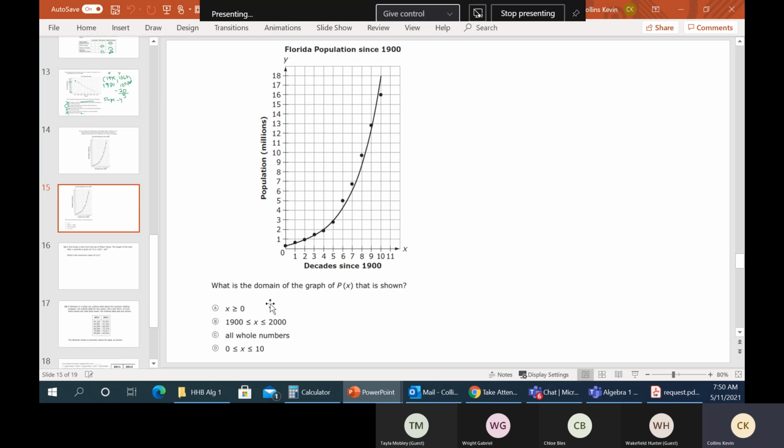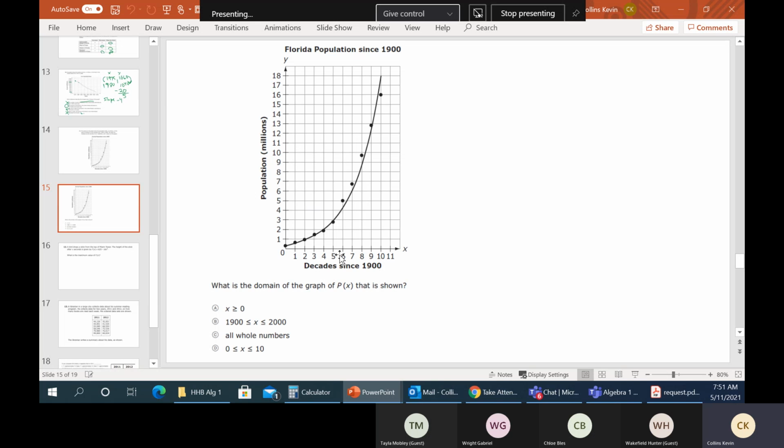Okay, so what is the domain? Well, this says X is greater than 0, which, yeah, it looks like X is greater than 0. But we got to look at what they're talking about here, right? It says decades since 1900. So the 0 really represents what? We have to sometimes watch what they're doing as far as scaling this thing, right? So for this graph, 0 really means what?